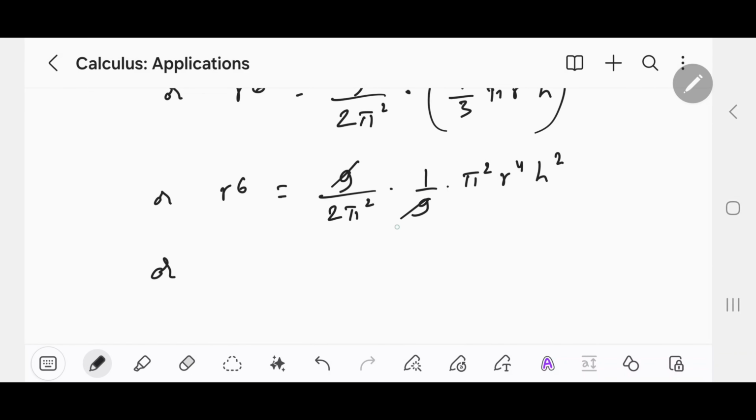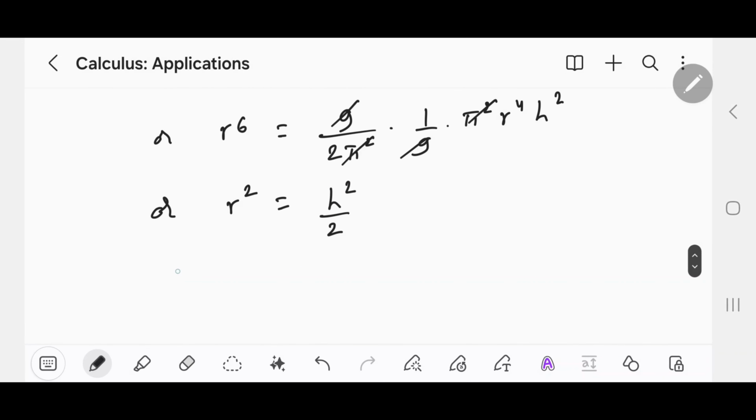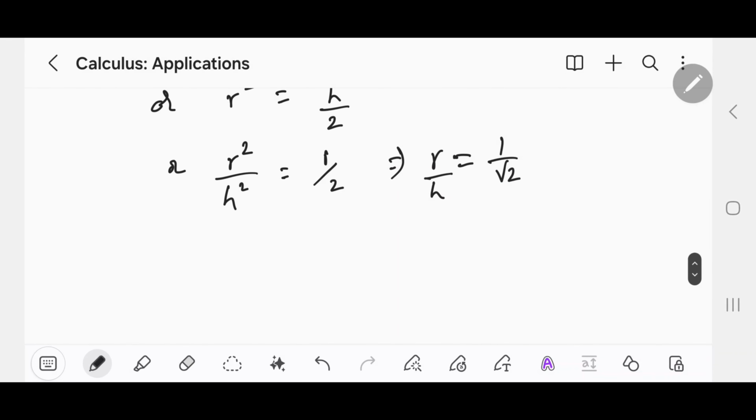Cancelling pi square, 9 and 9, r power 6 by r power 4, this is r square equals h square by 2, or r square by h square equals 1 by 2. That implies r by h equals 1 by root 2.